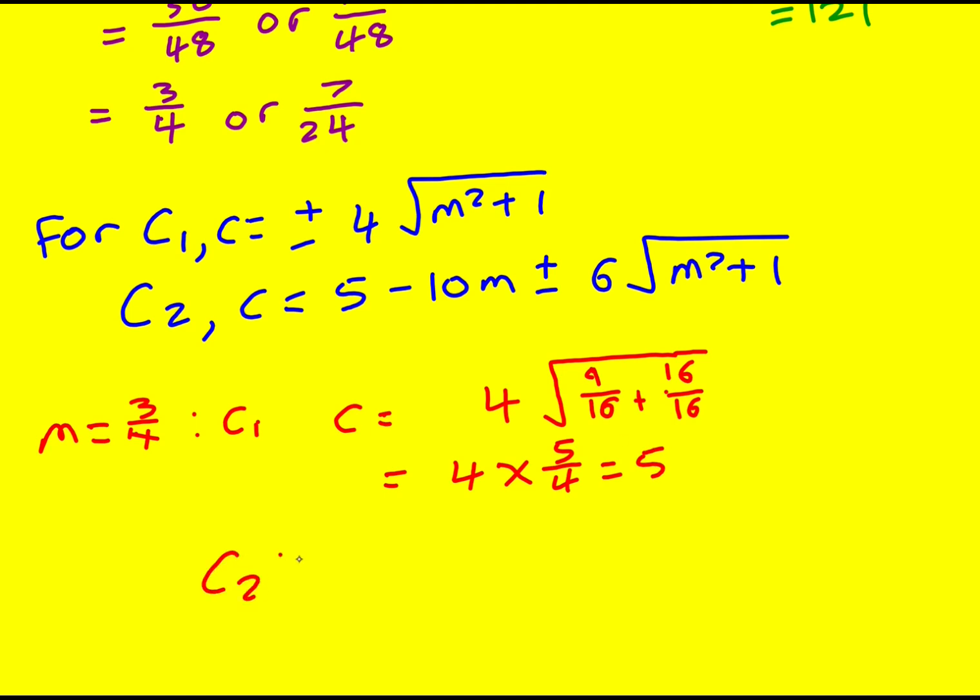Let's look at C2, check that we get the same thing. And yes, you do have to be this careful. C is equal to 5 minus 10 times 3/4, plus 6 times, I've already worked out this thing here. It was 5 over 4.